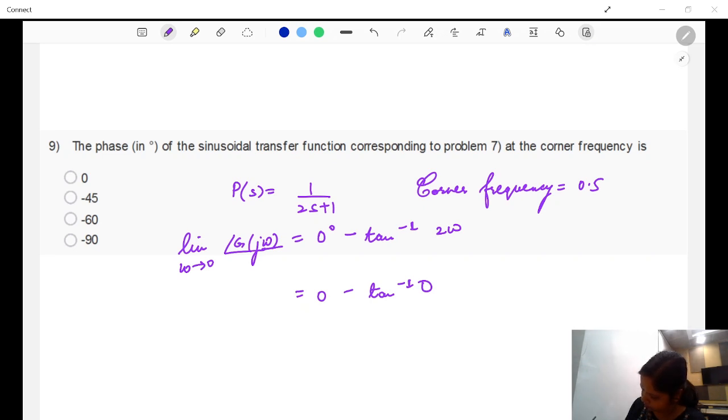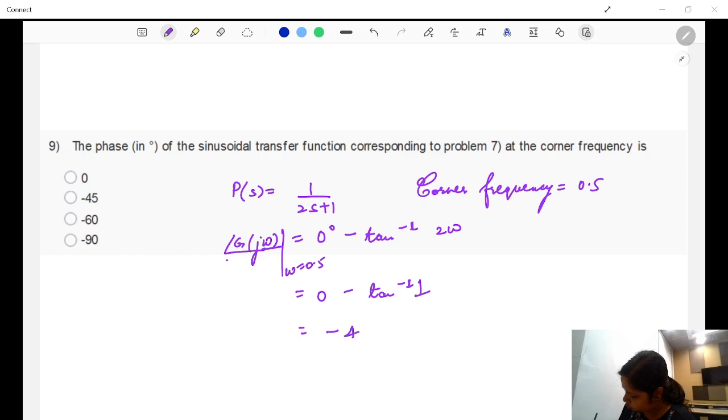Sorry, I have to find it out at 0.5. Omega is equal to 0.5. Then it would be tan inverse of 1, which is minus of 45 degree. All right.